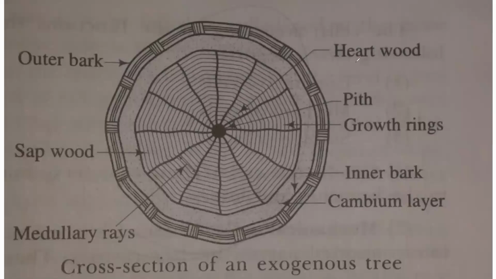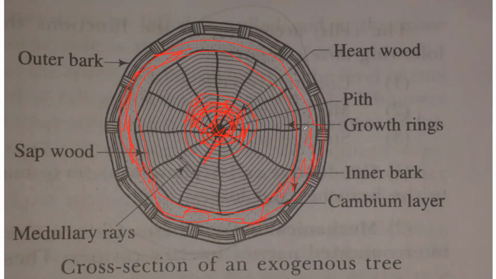Here in this figure you can see, the inside portion is heartwood. Suppose this much portion is heartwood. Now what is cambium layer? From here to here, this total is called the cambium layer. So this much is heartwood, and the remaining portion is the cambium layer.